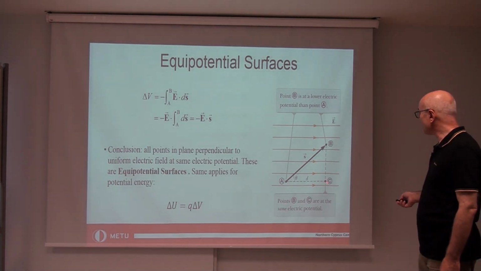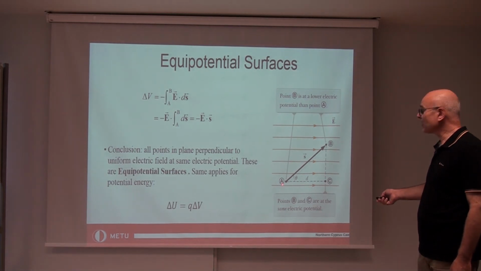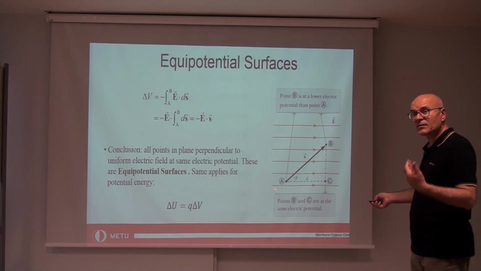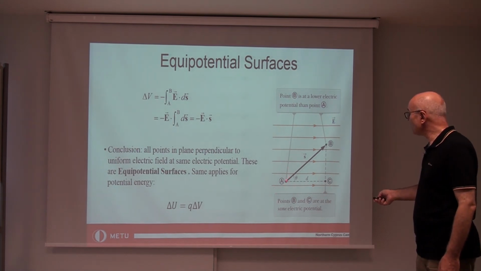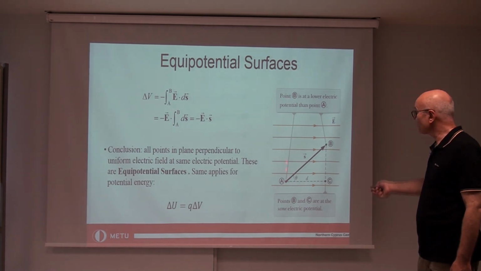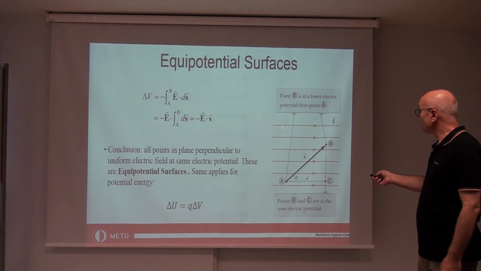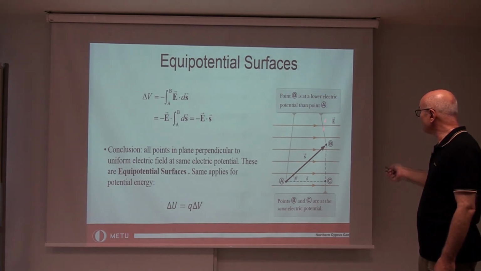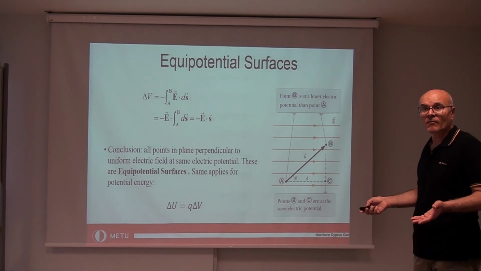And the meaning of that is that all the points on that surface here are at the same potential with respect to point A. Not only this, you can also show that if you let A move along that surface also, then the potential difference between any A here and any A on that surface will be the same.